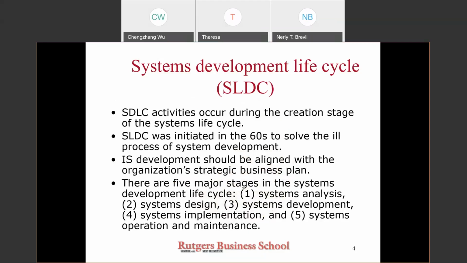Well, in the previous chapter, we introduced system lifecycle, but now only one word as extra. We will introduce system development lifecycle.